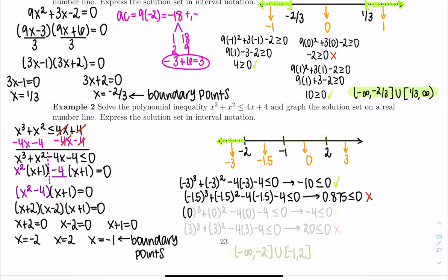Plugging in 0, we got 0 cubed plus 0 squared minus 4 times 0 minus 4 is less than or equal to 0. And that simplifies as -4 is less than or equal to 0, which is a true statement. And so we want to make sure that we shade in this region.